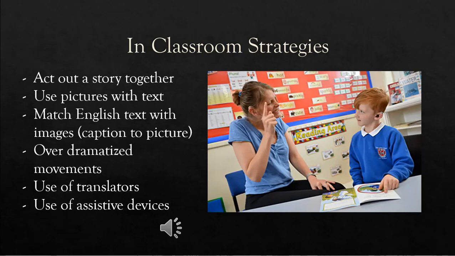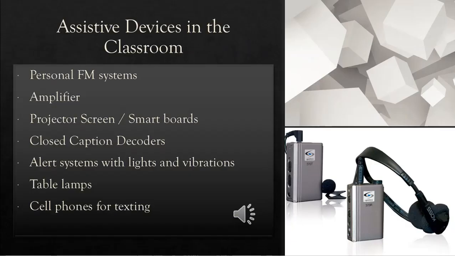And the use of assistive devices. Today, students with hearing disabilities are able to have access to a plethora of assistive devices in the classroom. It's important for the instructor and the school to carefully go over the student's IEP to see what resources they need, as well as accommodate the student with the resources that they need.